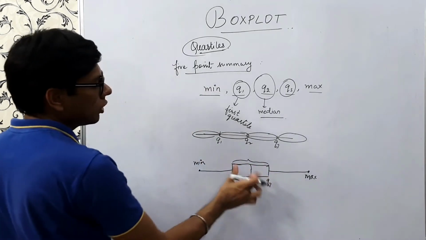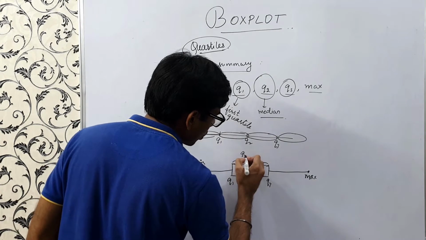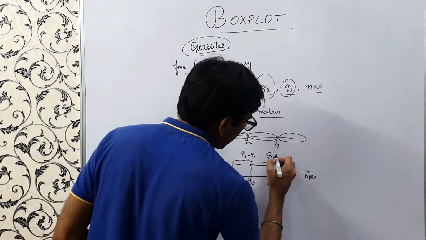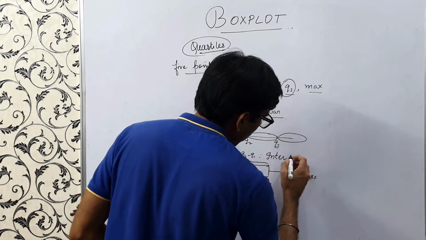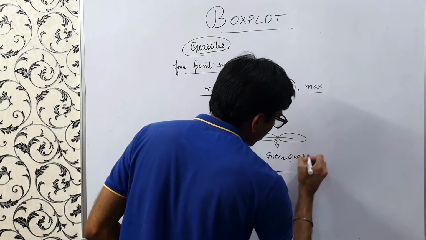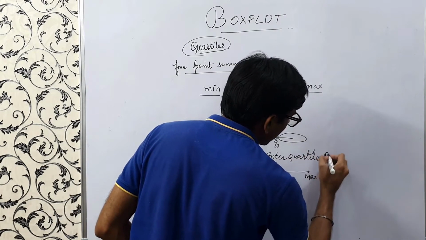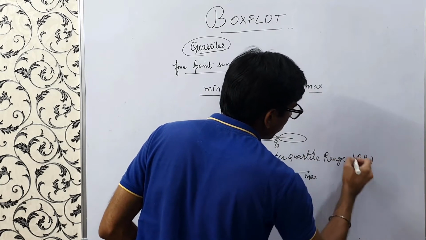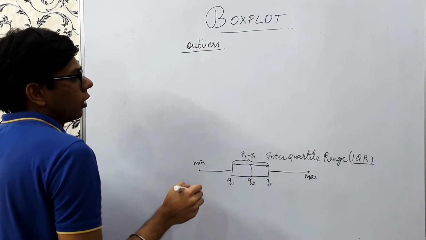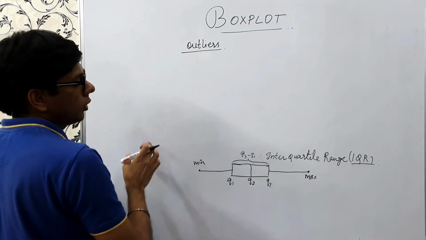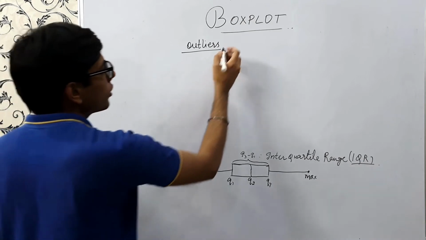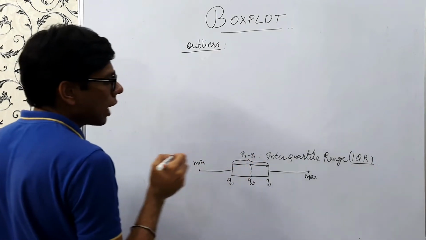So the length of this box is Q3 minus Q1, and this is nothing but interquartile range, IQR. Now we'll see how to calculate the outliers. So there is a fixed method to calculate the outliers.